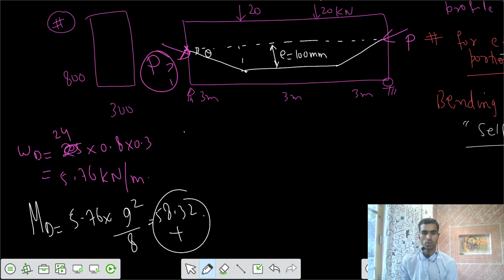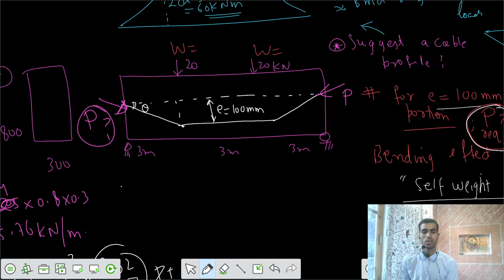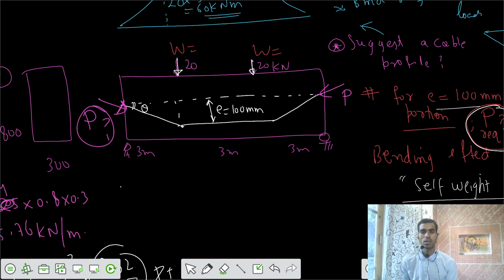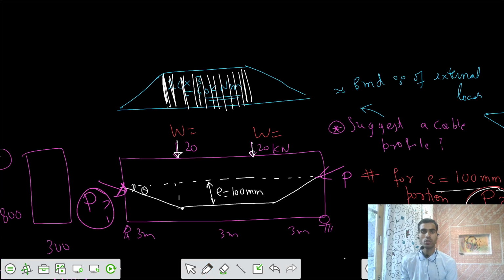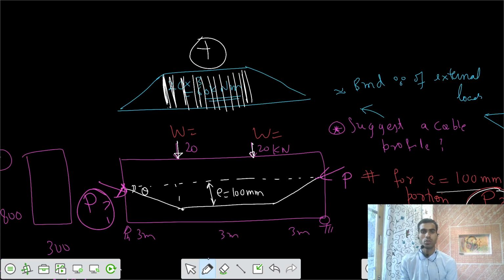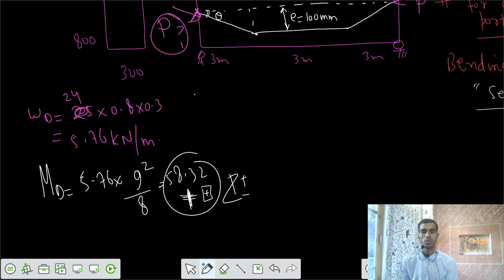That's clockwise positive. So it is a sagging moment, top compression, bottom tension. And because of these point loads, our diagram has a maximum value of 60 kilonewton meter, and that value is constant throughout the middle third part. So this is positive stress, and this is also positive stress, so we can add.